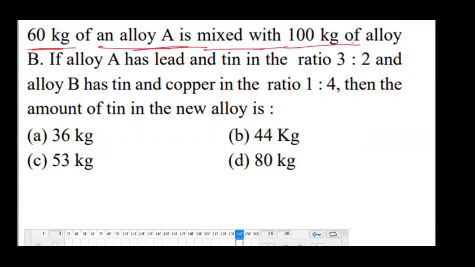Yes. In the 160, what is the new quantity of tin? That is the question.